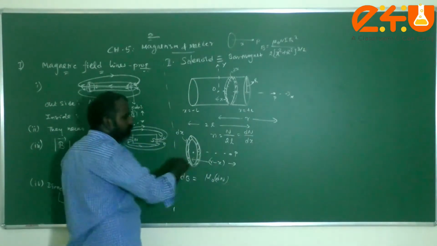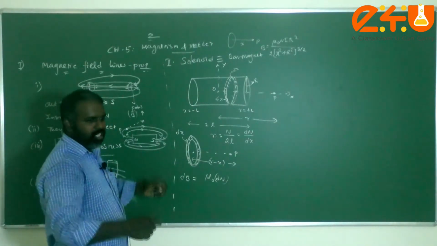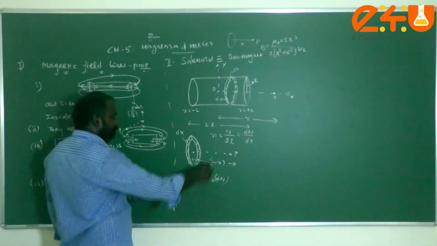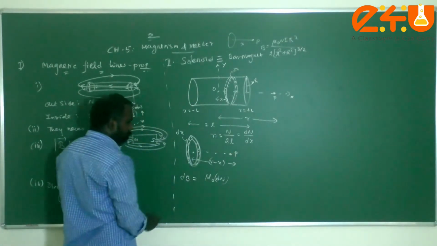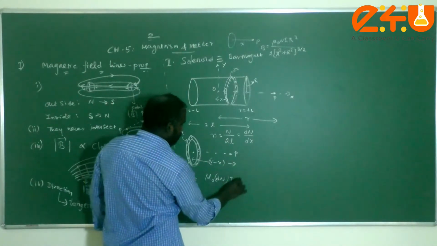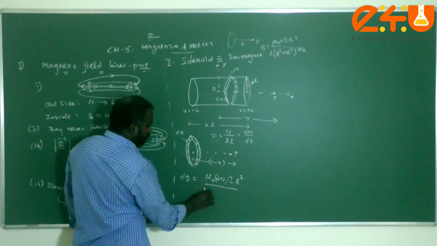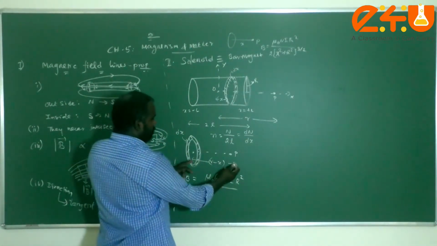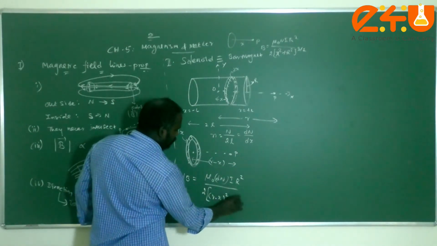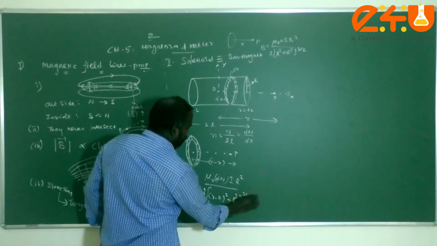Since the distribution is uniform throughout the length, the number of windings is uniform with respect to length. Therefore, in elemental form, dB is mu naught dn i R square divided by 2 into ((R minus x) whole square plus R square) whole power 3 by 2.